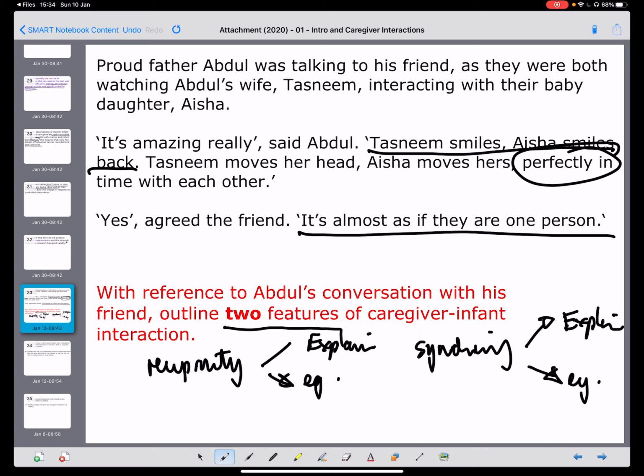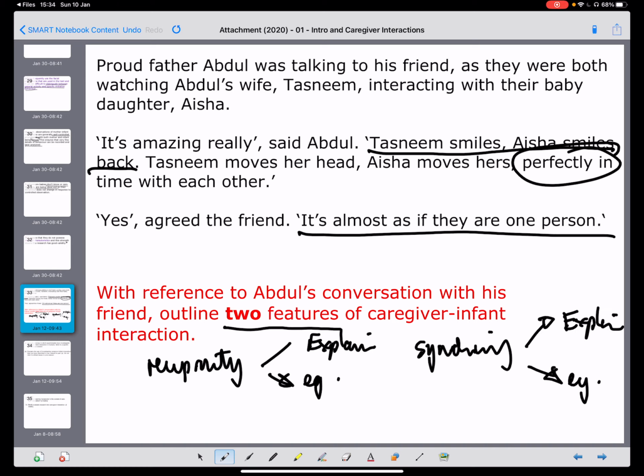So for example, when Aisha smiles back at Tasneem, we can say it's reciprocal because she's feeding off the mother's smile and doing the same. If it's perfectly in time with each other, in other words, she's mimicking the behavior, she's acting like the other person, or if it's almost as if they're one person, she's mimicking once again, doing what the other person does. So therefore it's interactional synchrony. So there we go. That's all we need to do for this.